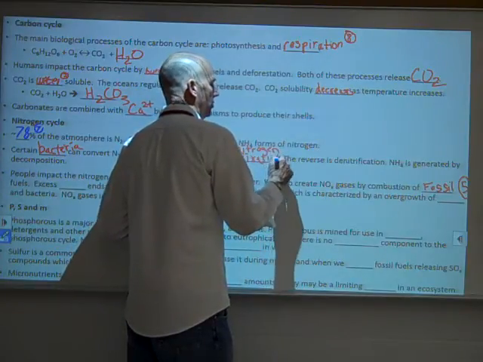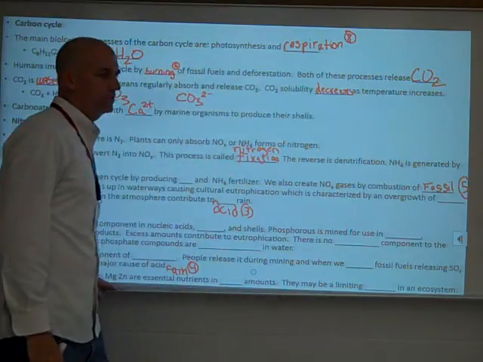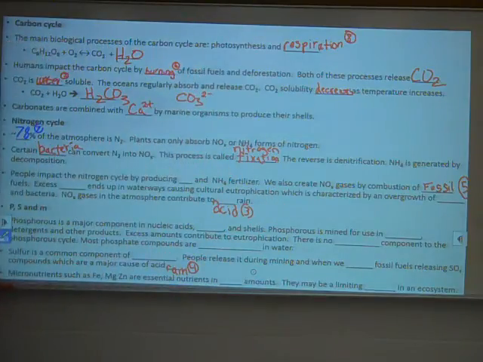But in general, when we talk about fixing something in ecology, it means we're taking an element that's out in the physical environment and incorporating it into living tissue, or at least making it a form that can be directly incorporated in living tissue. So they call what nitrogen-fixing bacteria do, taking nitrogen out of the atmosphere and putting it into a form that plants can use, nitrogen fixation.